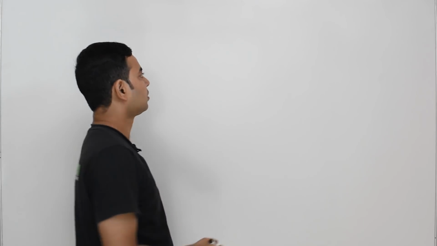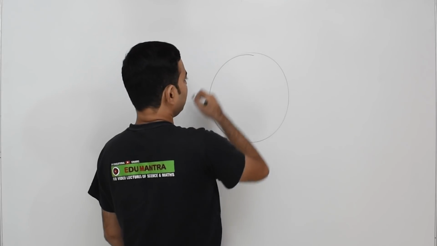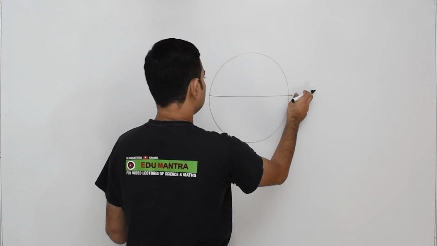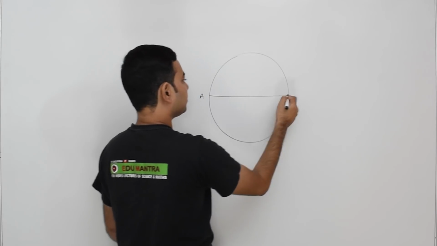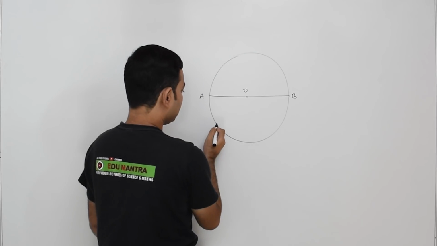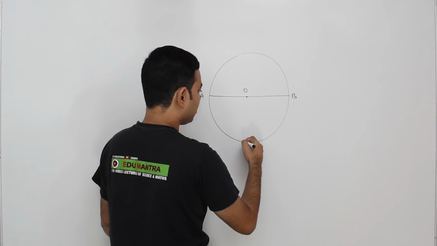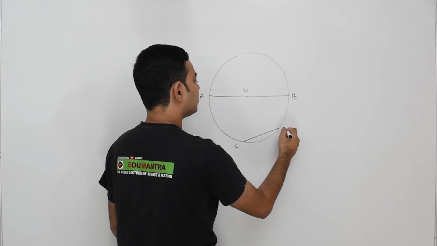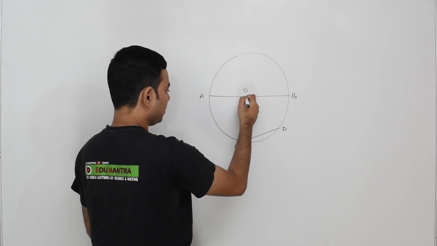In this series we have a last question of circle, again an important one. AB is the diameter of a circle, O is the center of the circle, CD is a chord which is equal to the radius.